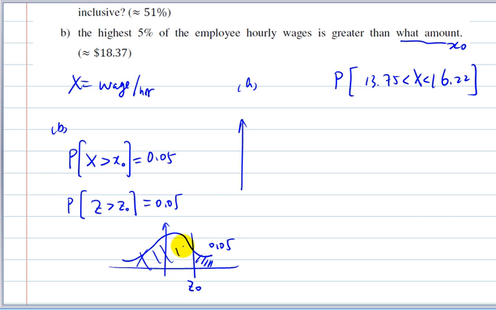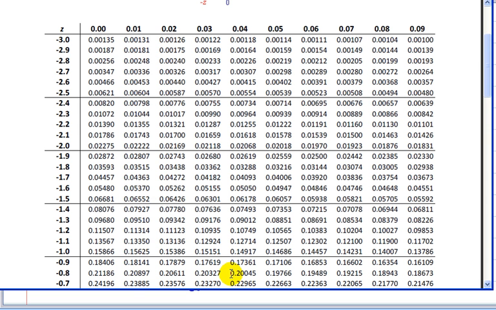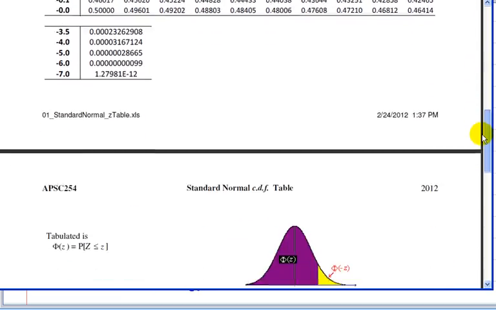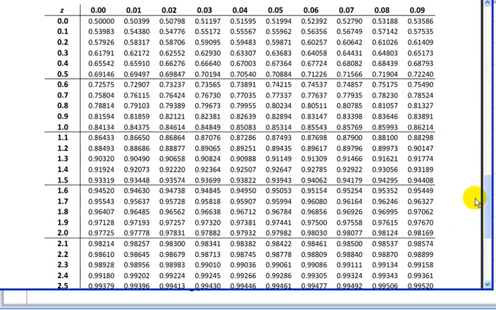So all the outside here is what? 95%. So when you look at the table, you need to look for the 95%.